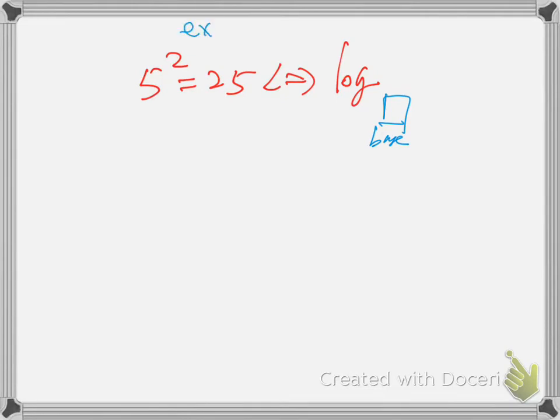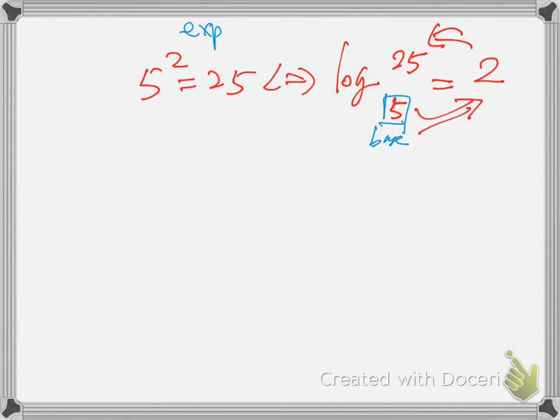In the exponential form, the base is 5, so write 5. Then write the equal sign, and go from the base to the other side: 5 squared, so 2 is here, and then 25 goes inside the log, on the left of the equal sign.